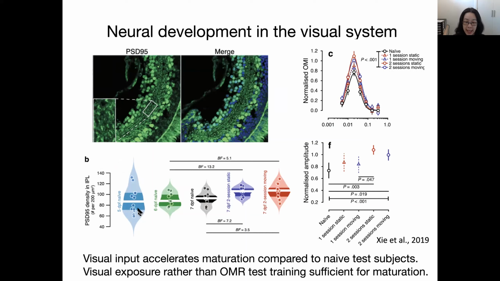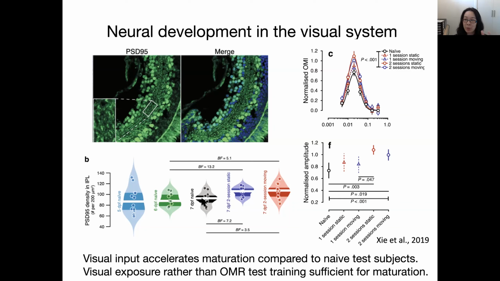Interestingly, not only did we see a refinement in the variability between 5, 6, and 7 days, but we could also see that animals that had been swum at day 5 and 6 as well had an even higher synaptic density than those that saw the Optomotor test for the first time.